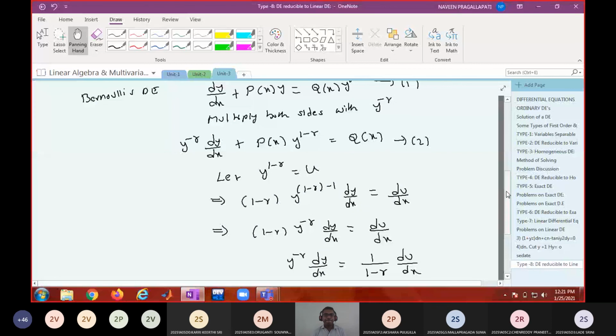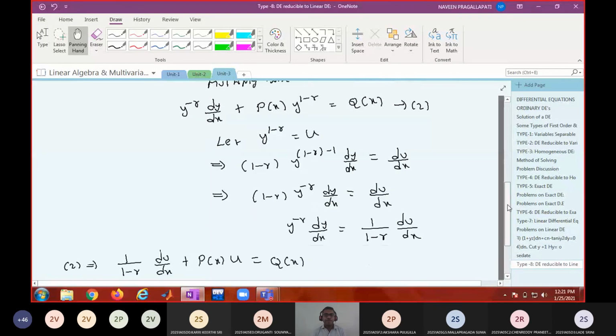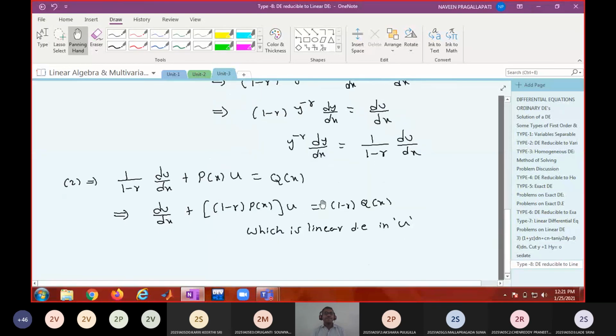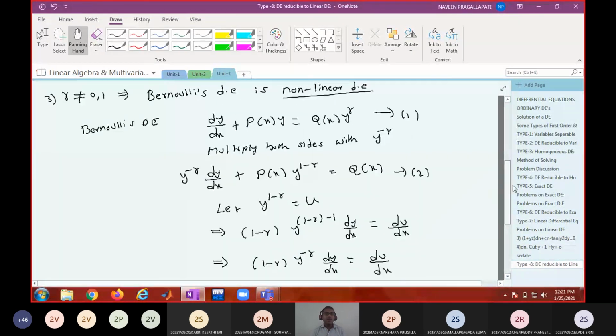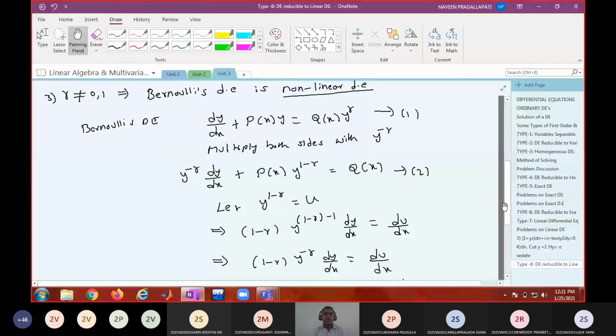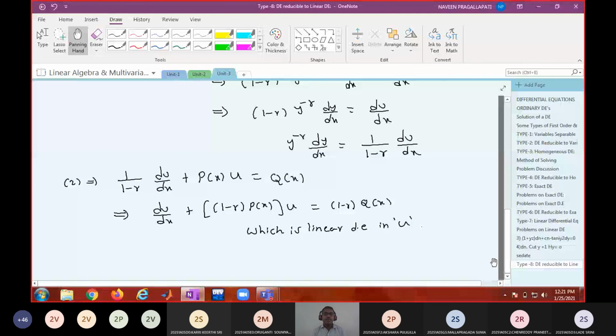Is it okay? So this is the procedure to convert a Bernoulli's DE into a linear differential equation. Sometimes the DE may be Bernoulli's in x.